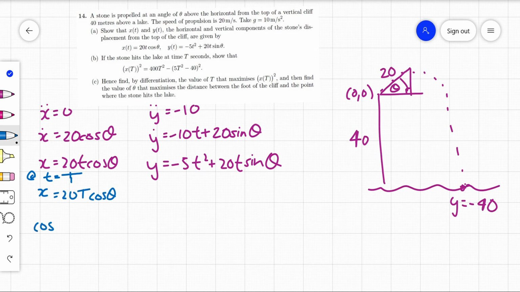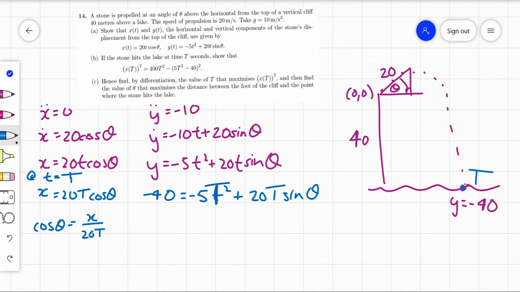So you can see cos theta will be x on 20T. And the y value, when the stone hits the lake, at time T, we've got y equals negative 40. So let's put that in. Negative 40 equals minus 5T squared plus 20T sine theta.